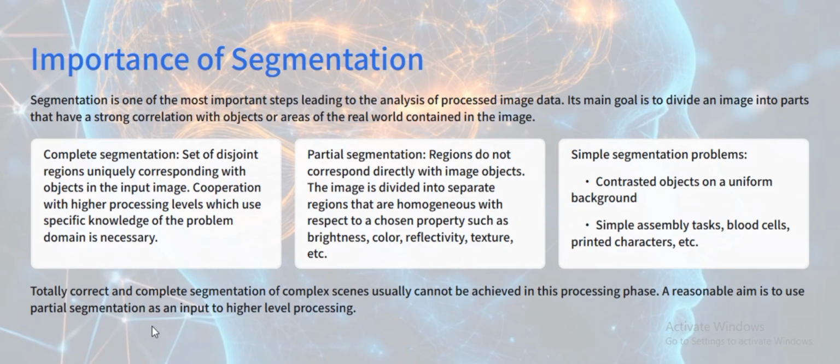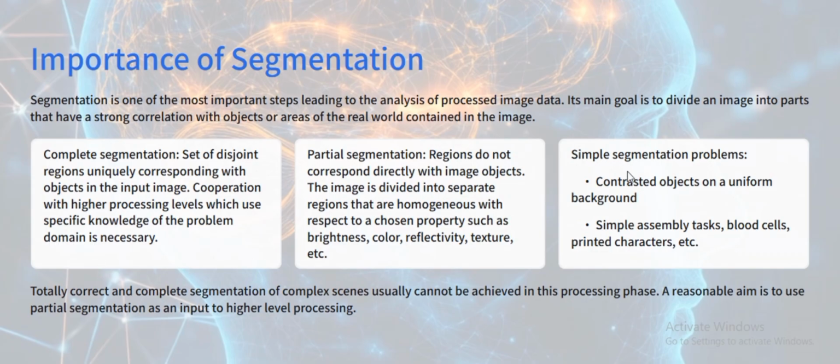Totally correct and complete segmentation of complex scenes usually cannot be achieved in this processing phase. A reasonable aim is to use a partial segmentation as an input to the higher level processing. The meaning is, among these three types of segmentation, that is complete, partial, and simple, we feel that partial segmentation has more accuracy or effectiveness compared to complete and simple segmentation.